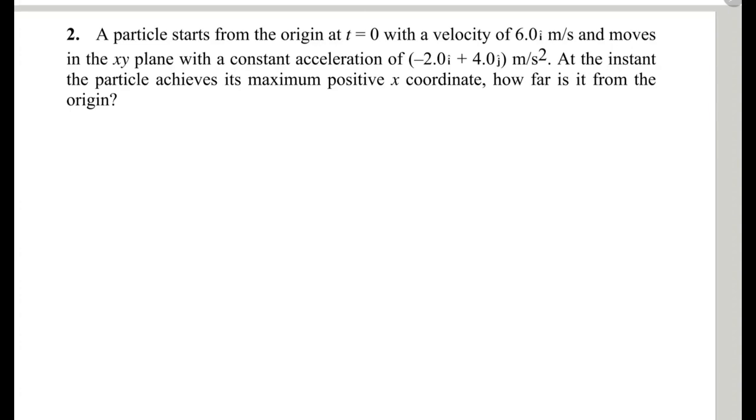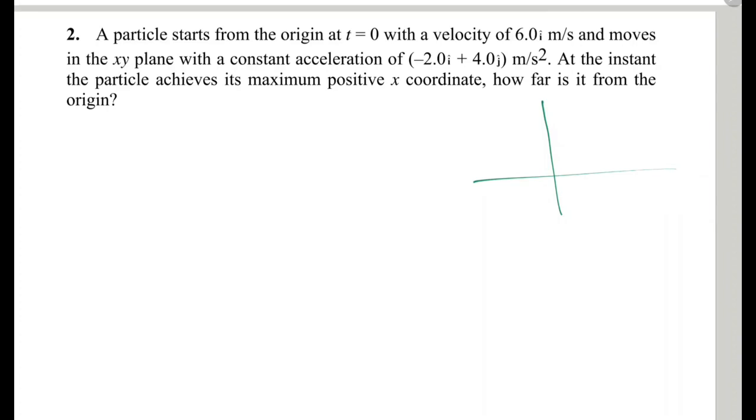A particle starts from the origin at t equals 0 with a velocity 6i meters per second and moves in the xy plane with a constant acceleration of minus 2i hat plus 4j hat. At the instant the particle achieves its maximum positive x-coordinate, how far is it from the origin? Now here's the situation.